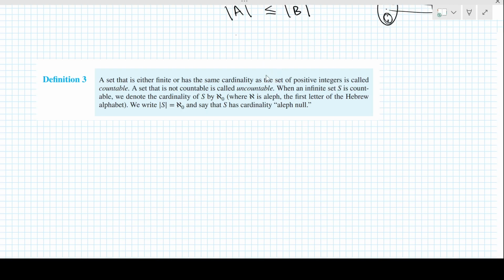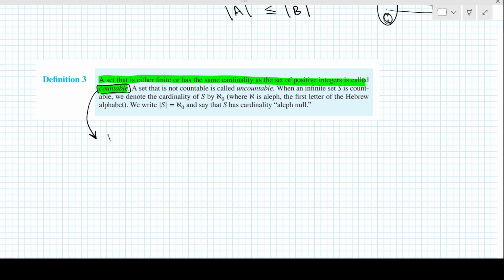It says a set that is either finite or has the same cardinality as the set of positive integers is called countable, right? So a set that is either finite or has the same cardinality is called countable. Now this word countable has a very special place in discrete mathematics and in mathematics in general.